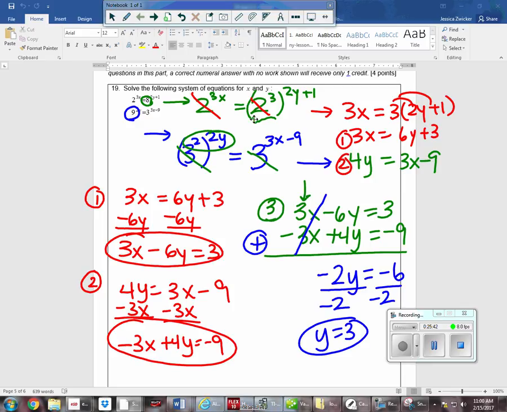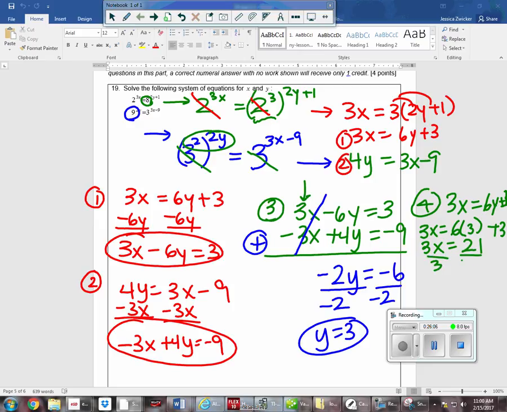The last step is to solve for x. x can be found by plugging in y to either of your original equations. So 3x is equal to 6 times 3 plus 3. 3x is equal to 21.